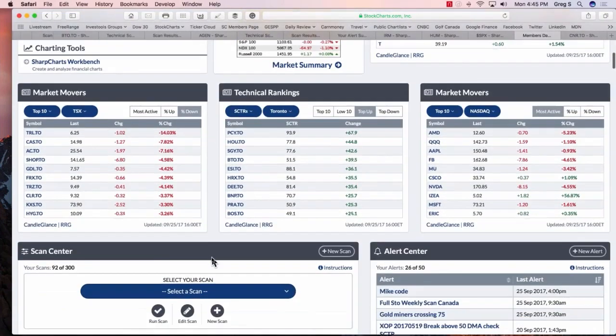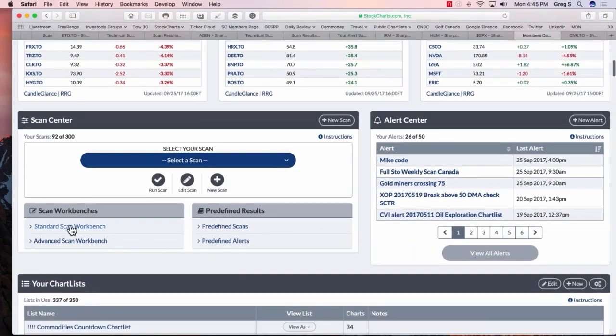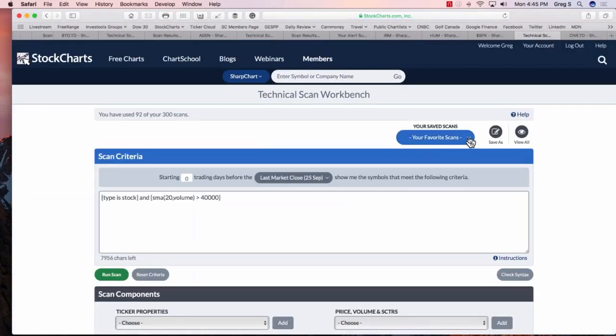Okay, what else do I need to cover off here? So we've covered off the advanced scan workbench. The standard scan workbench, I find the advanced scan much easier just because of the way you can copy everything in. So that's the one I always work on. With a pro membership, you get a whole bunch of scan options, like in terms of number of favorites.